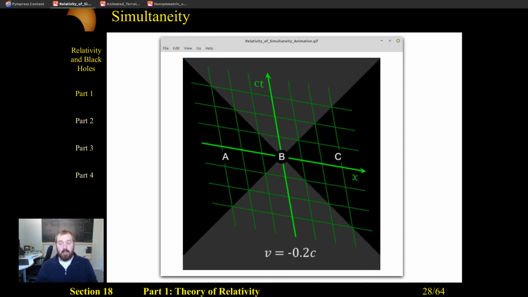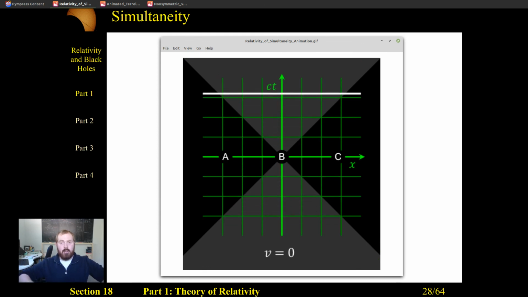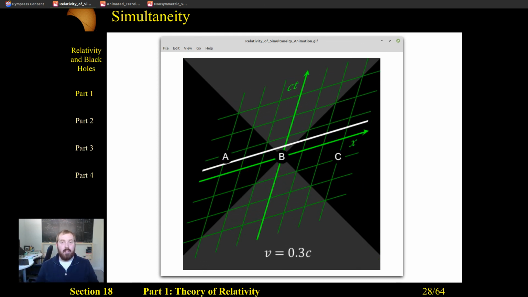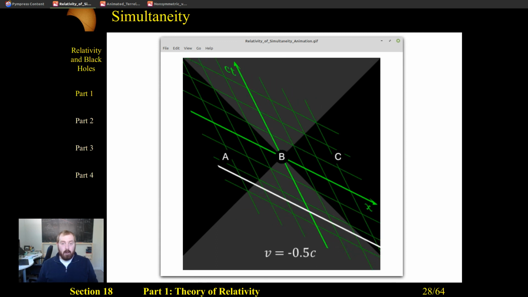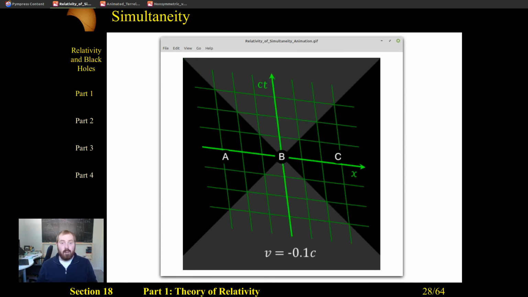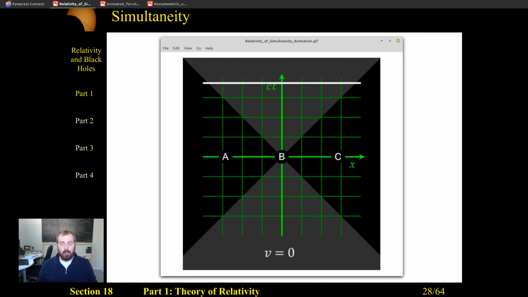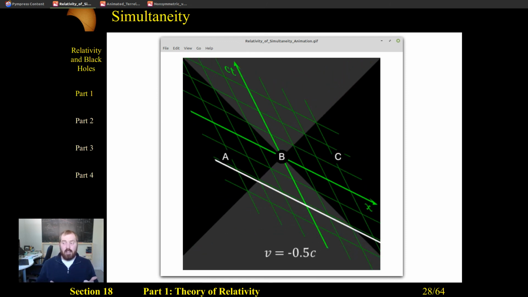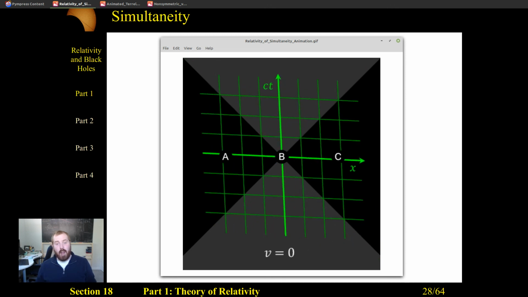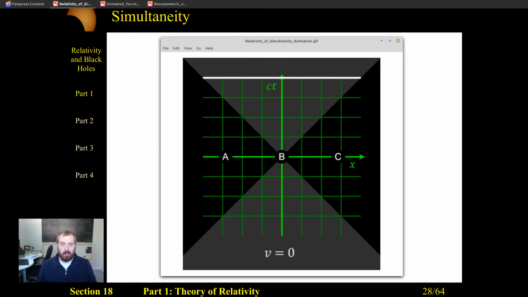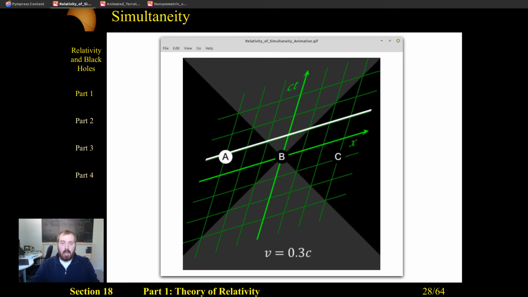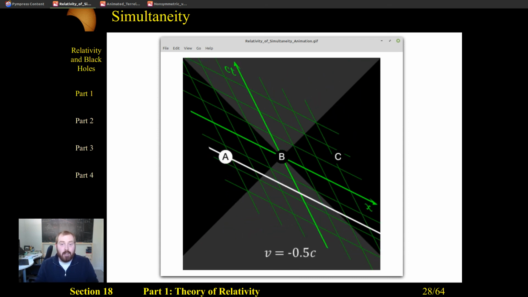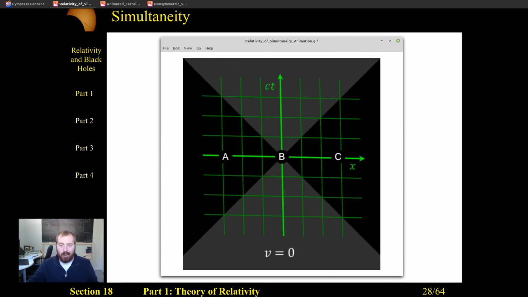Everyone at points A, B, and C will agree on this pulse. You can think of it as an explosion happening at the same time. But if you are in a frame that's moving relative to that white pulse, depending on the direction you're moving, you might say the event happens before or after the others. So there is no more concept of simultaneity. We cannot agree on when events occur.